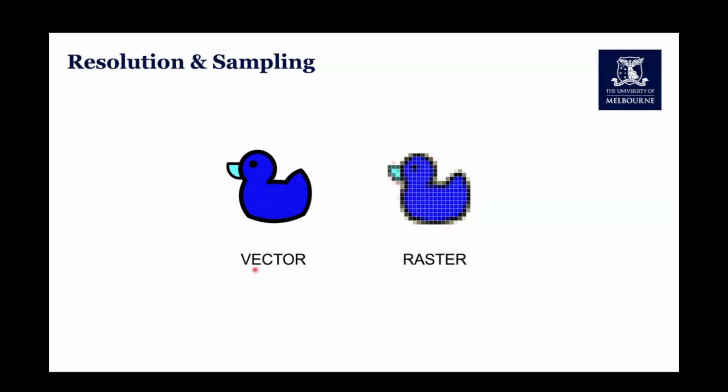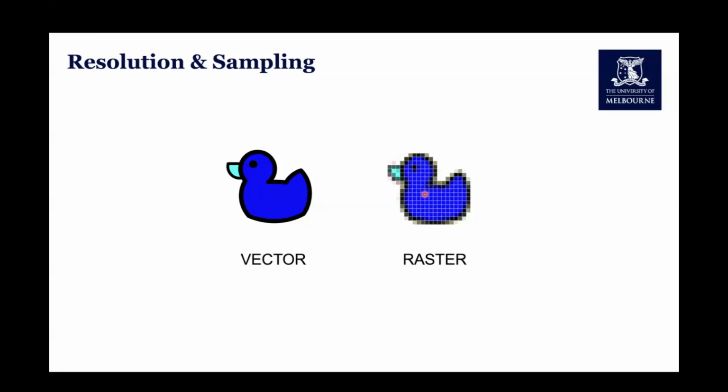This is very different to something you create in something like Photoshop, where the image is presented as what's called a vector. That essentially means each of these curves is associated with a mathematical function, so you can zoom in and you won't get any increase in pixelization.